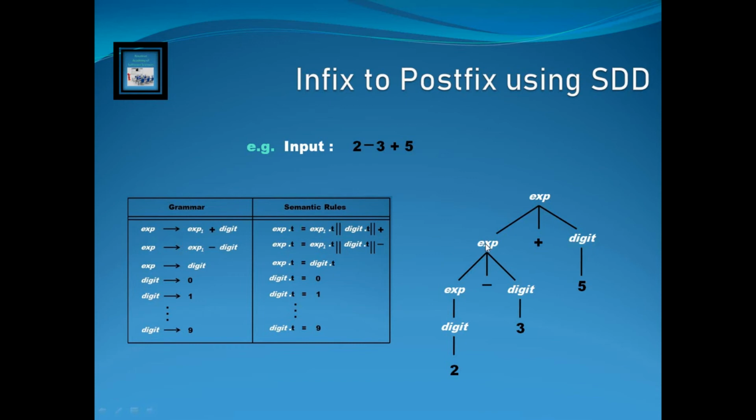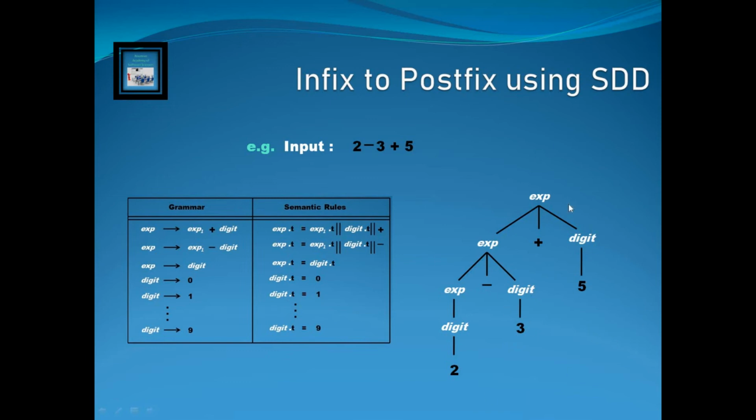The sub expression 2 minus 3 can be obtained by using the production exp can have the form of exp minus digit, where exp can have the form of digit and digit can have the form of 2. Okay, so 2 minus, and then digit can have the form of 3, so 2 minus 3 is produced here. So the first sub expression is here, and then the second operand is just a digit, and that digit is 5. Okay, so as a whole this expression will become 2 minus 3 plus 5.